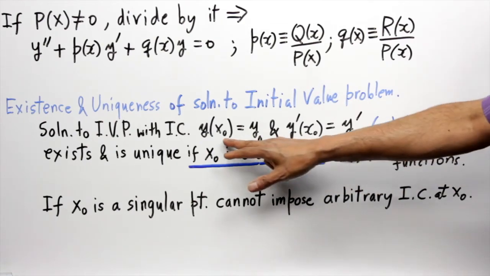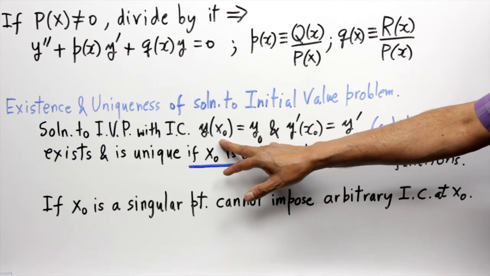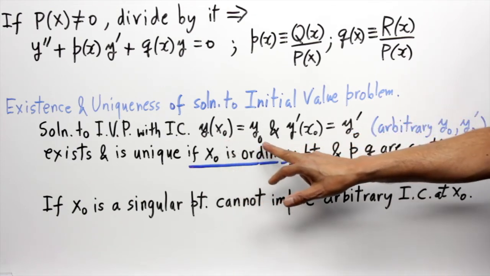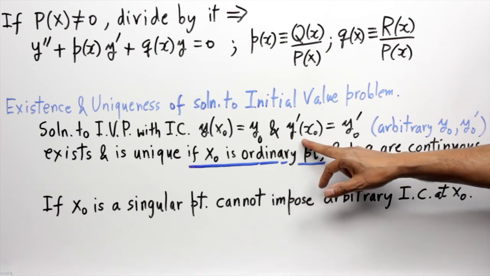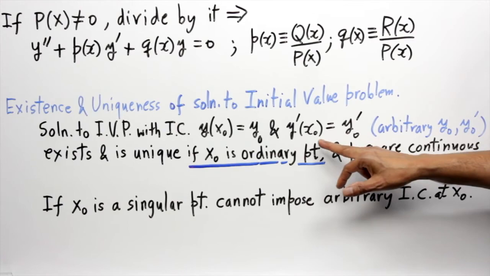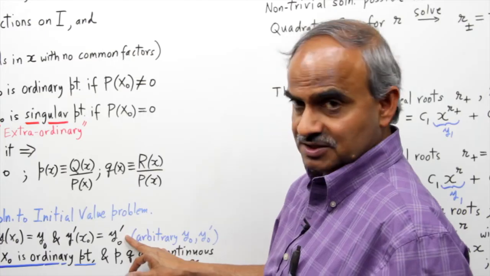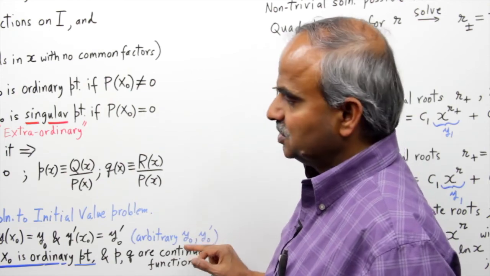It has the initial value of the function y at point x0 being given as y0, some arbitrary value, and the slope of the function y at position x0 is also given as some arbitrary number. Both y0 and y0 prime are some arbitrary numbers.